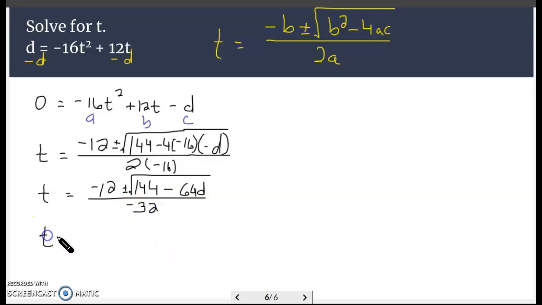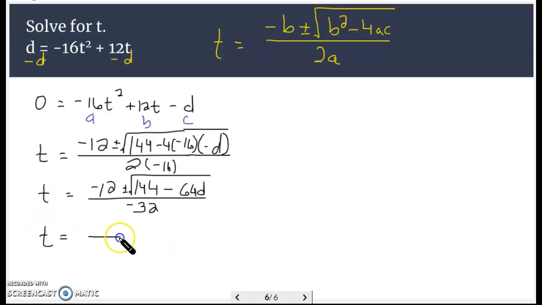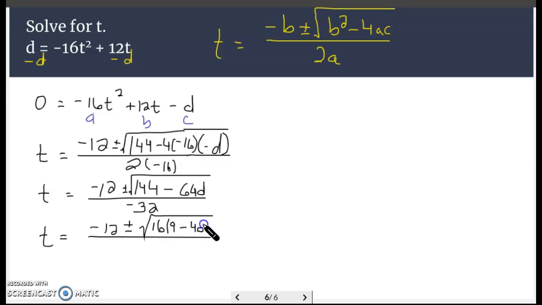Alright, the next part of this is we can simplify what's in the radical by factoring out a greatest common factor of 144 and 64. Well, it turns out 16 can divide into both of those evenly. 16 times 9 is 144. 16 times 4 is 64. So we got 9 minus 4d.